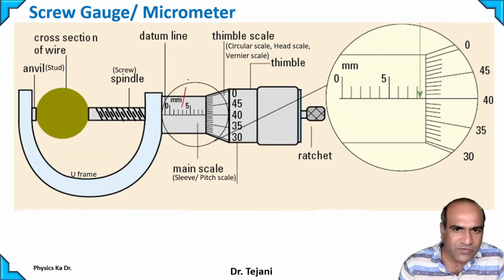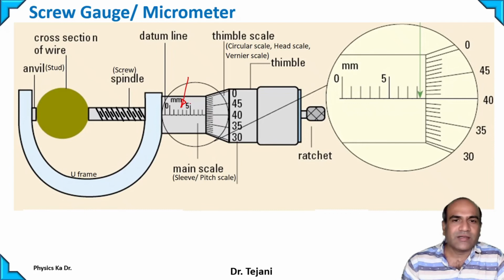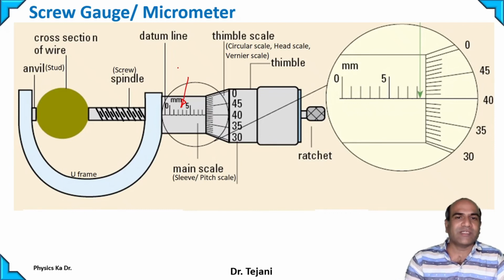Now if you see here, you can see a scale referring to millimeter dimension. That is the main scale. The main scale is also known as the sleeve or pitch scale, so you need to remember multiple names for it.